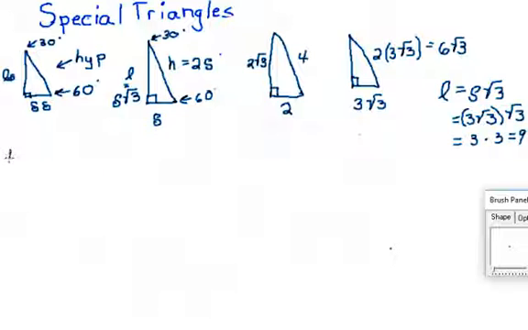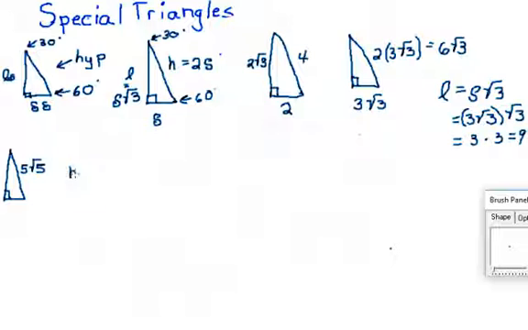Now we need to work on what if the hypotenuse is the information that's given to you. Let's say that the hypotenuse is equal to 5 square root of 5. Then what would the short leg be?